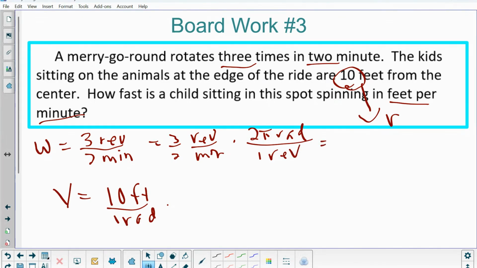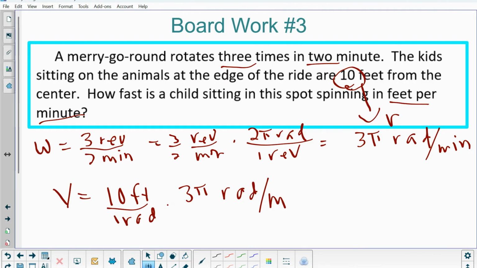And that's going to give us 3 pi radians per minute. You could have changed that, by the way, down here. That would have been fine, okay? So this is going to become 30 pi feet per minute.